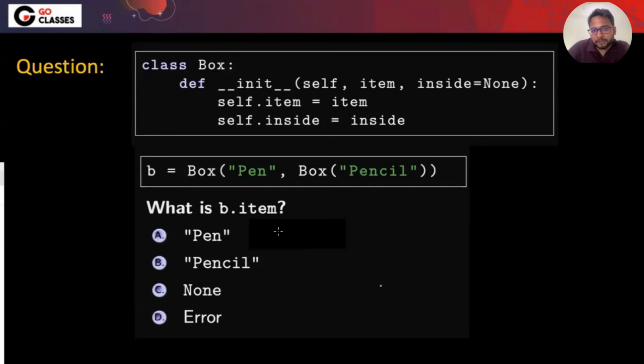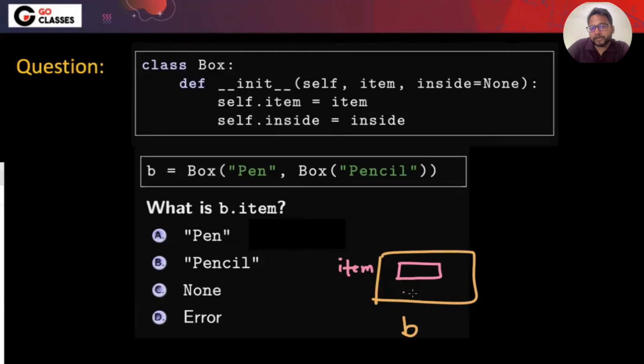See, the moment you call something like this, b equal to Box of something, this is b. So this is one object which is b. Here you have two variables. One is the item, and another variable is inside.